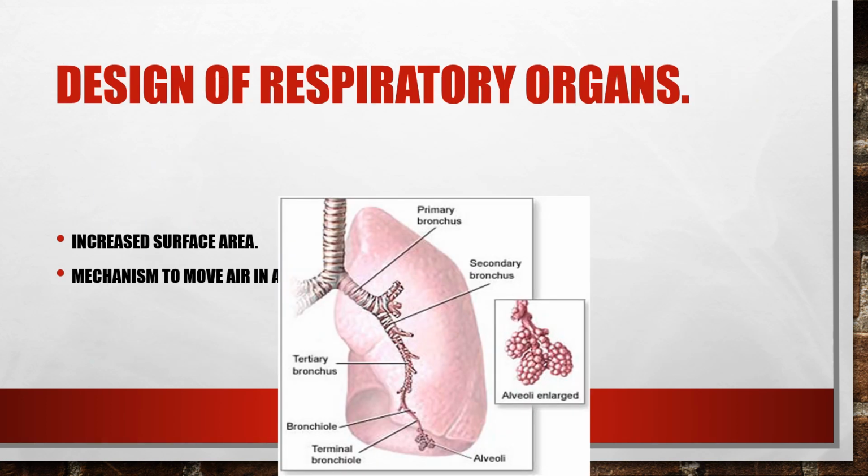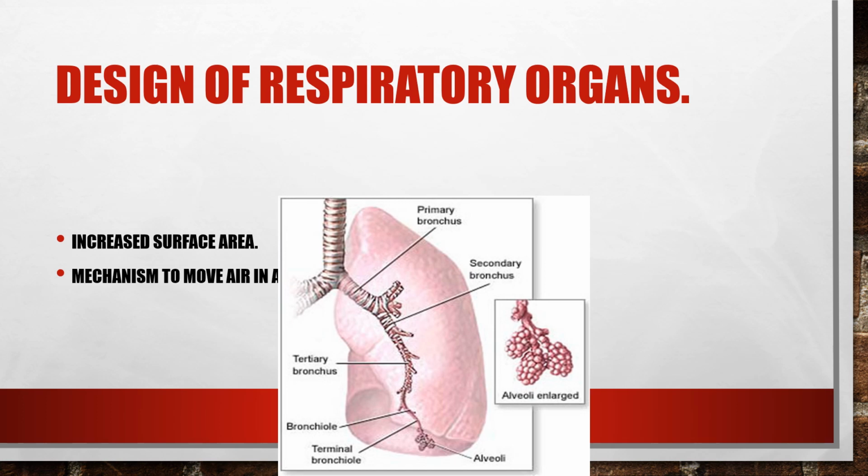Now let us look at the design of our respiratory organ. The respiratory organ is designed in such a way that it has increased surface area and a mechanism to move air in and out very easily.